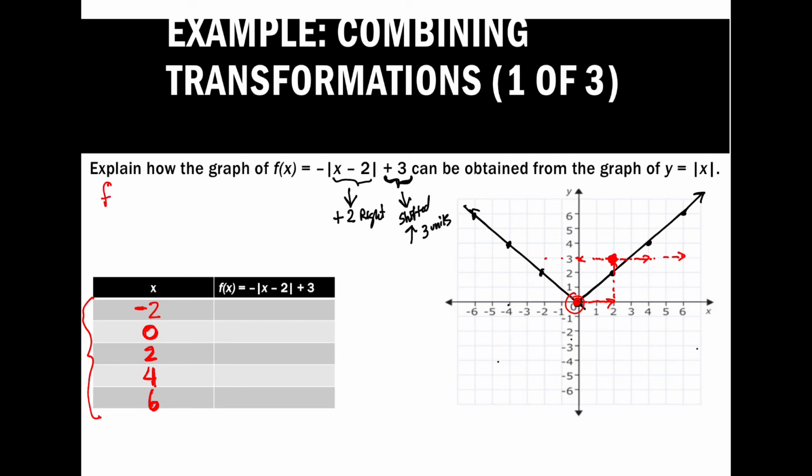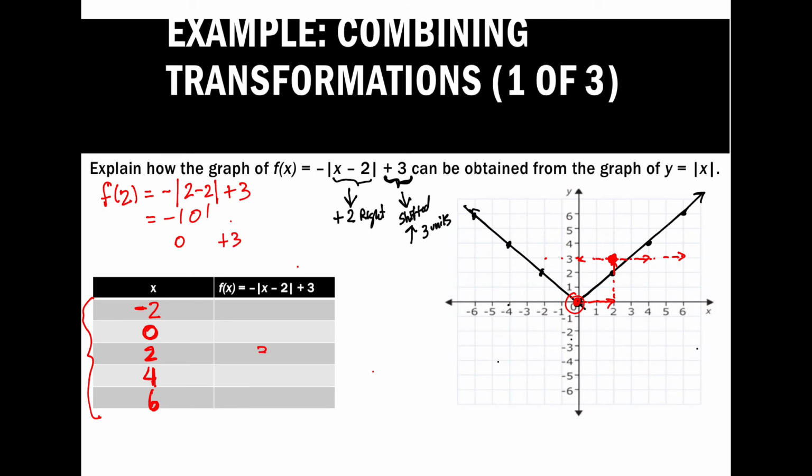F of 2, I'm sorry, yeah, this is f. So f of 2, if I plug 2 in there, that's the negative absolute value of 2 minus 2, and then plus 3. Well, 2 minus 2 is 0, so that's the negative absolute value of 0, which is still 0, plus 3.